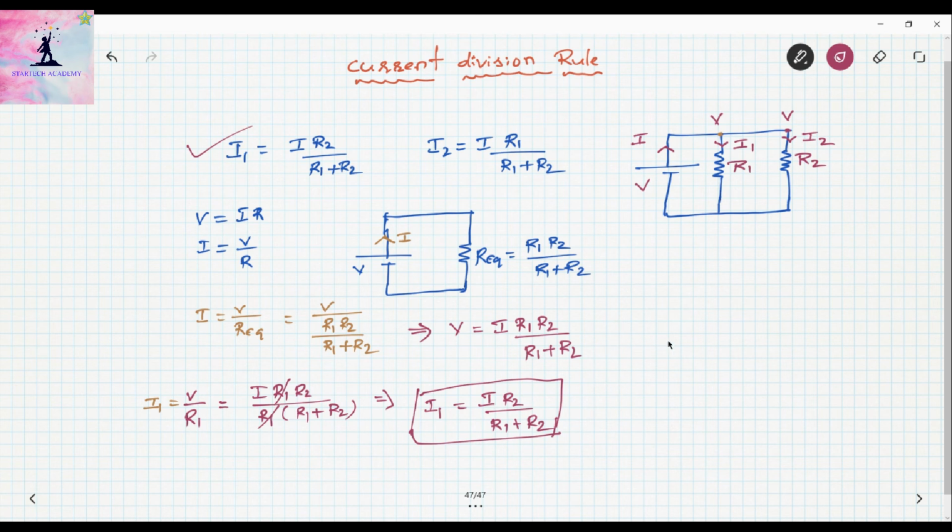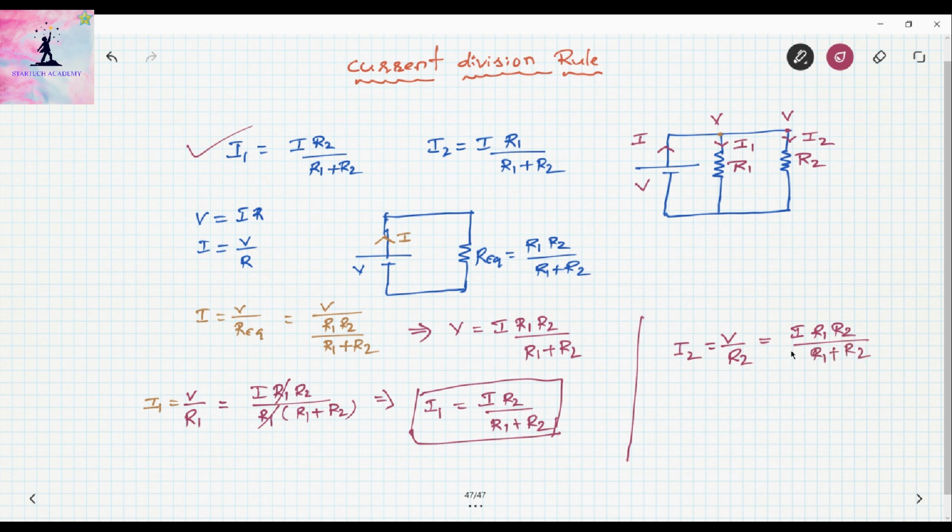Now similarly, what is I2? I2 is equal to, by Ohm's law, V by R2. So now what is V here from this equation? V is equal to I into R1 R2 by R1 plus R2.